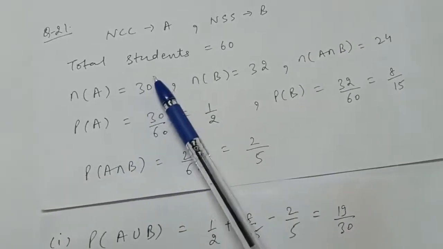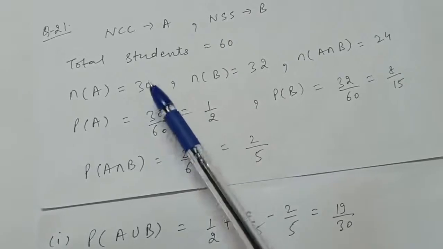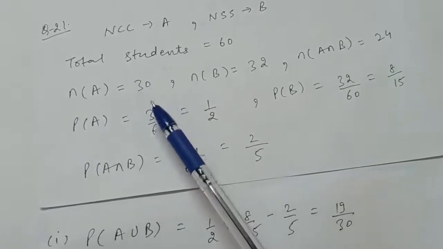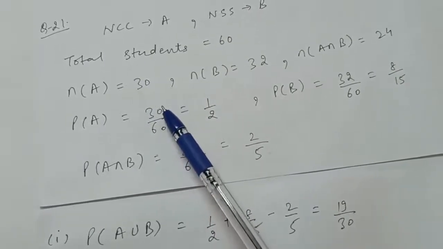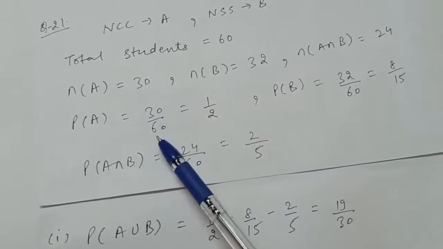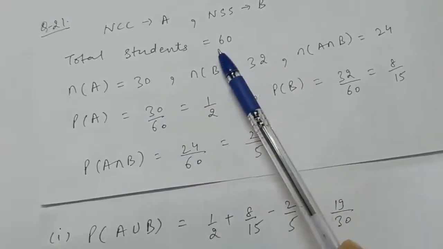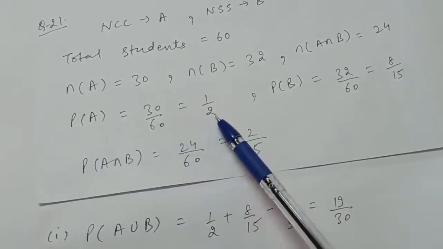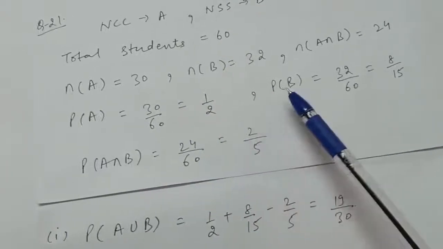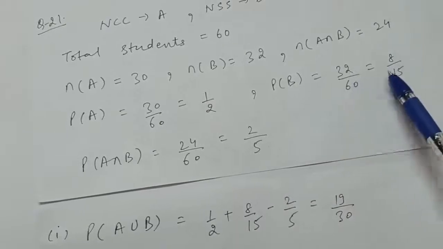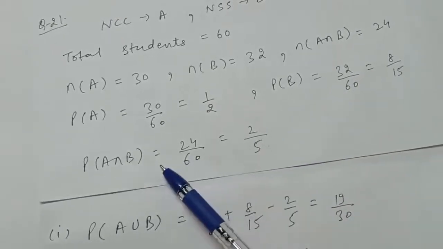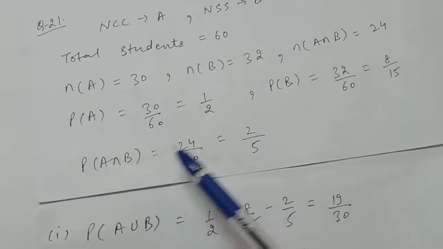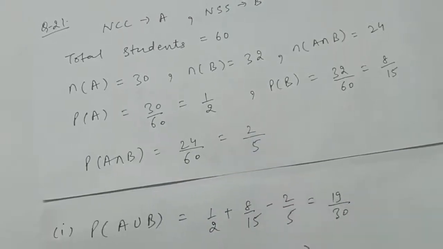This is the number of elements in A, not the probability of A. So probability of A will be number of elements in A upon number of elements in S, that is the total students, which is 60. So you will get probability of A as 1 by 2, of B as 8 by 15, and the probability of A intersection B as 2 by 5.